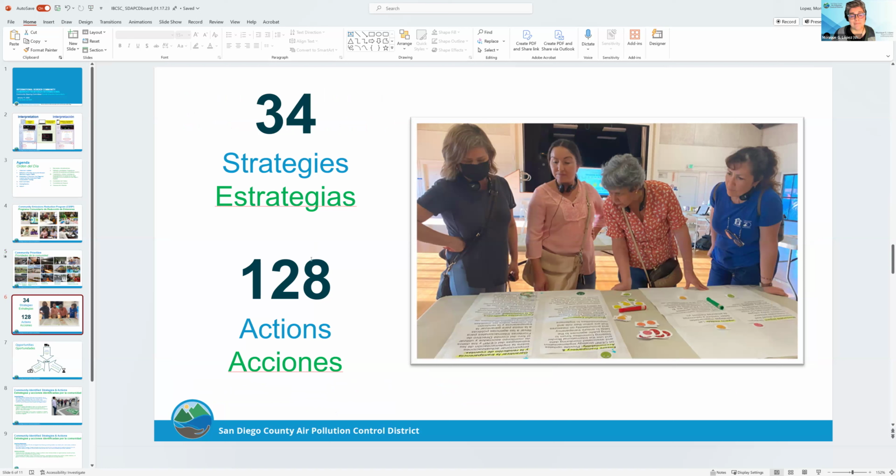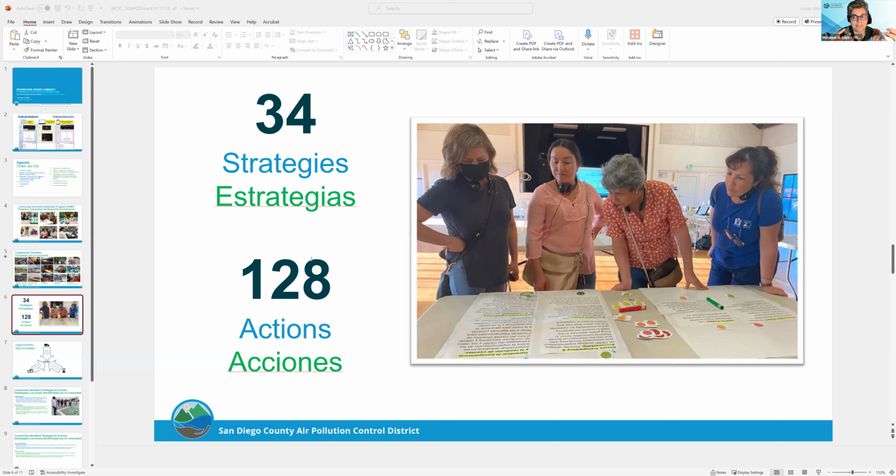And so it may feel a bit overwhelming to think about, well, where do we get started? We all had collectively a lot of great ideas, a lot of important ideas in order to address these 5 community priority areas in a holistic and comprehensive manner.